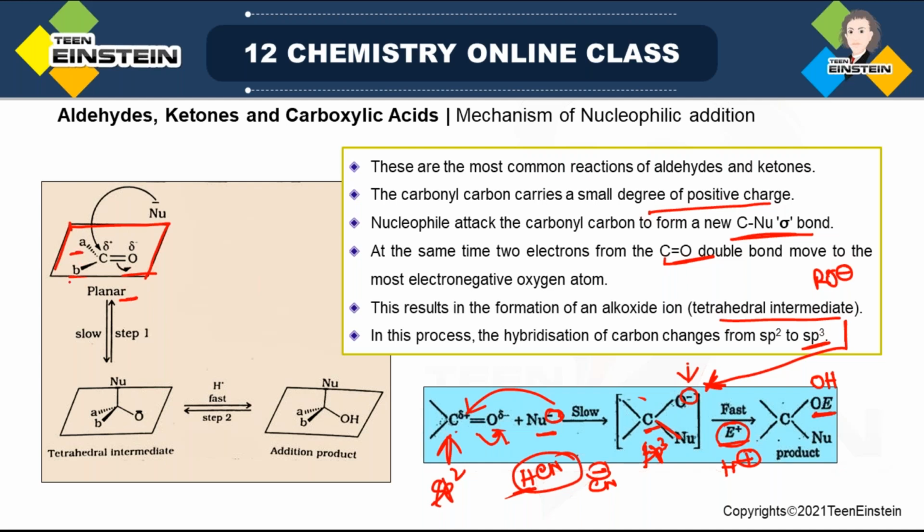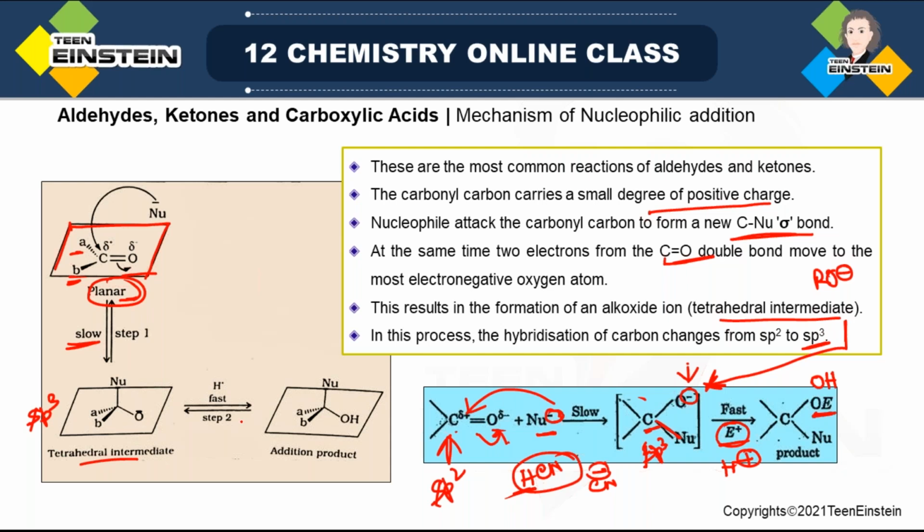Two other groups are attached to the carbonyl, suppose A and B. Now the first step, where the nucleophile attacks and the pi bond between carbon and oxygen is broken, is the slow step. And you can see here the tetrahedral intermediate. Initially it was planar, but now the hybridization has changed. It is sp3, and for sp3 we know the angle is 109 degrees 28 minutes, right? So now it is no longer planar, which is clear from the picture also.